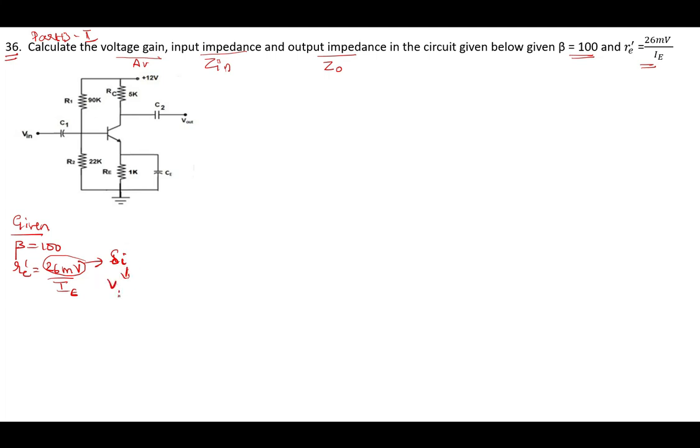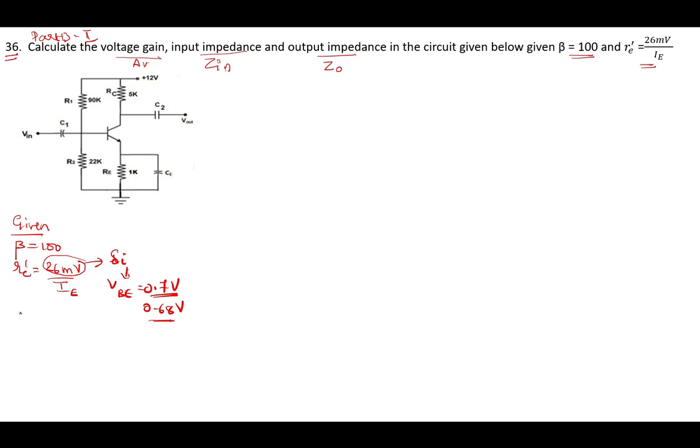Hence its VBE, even though it is not given, you can take as 0.7 volt. Sometimes they take it as 0.68 volt also. I have taken it as 0.7 volt. In the PU prescribed textbook, it is given as 0.68. Anyone you can take; a little bit of difference will be there in the value.